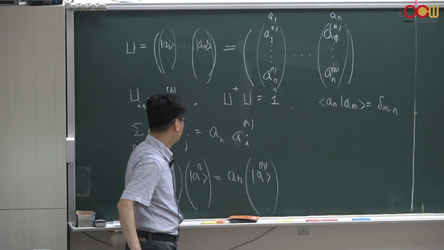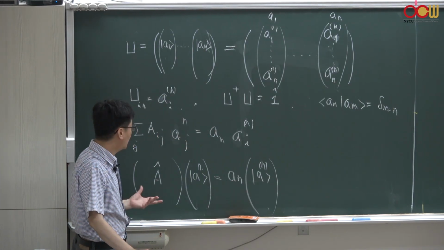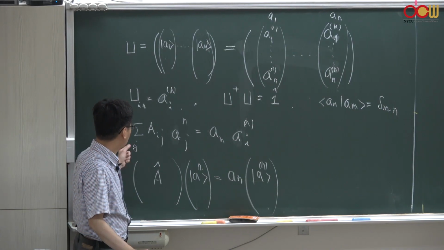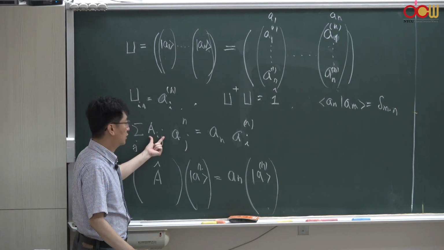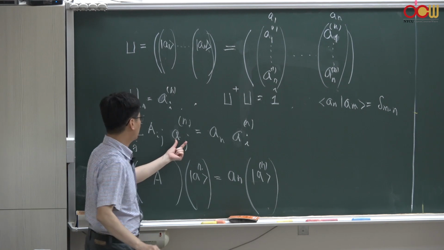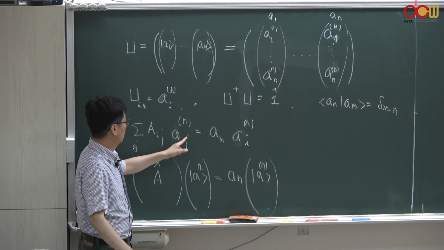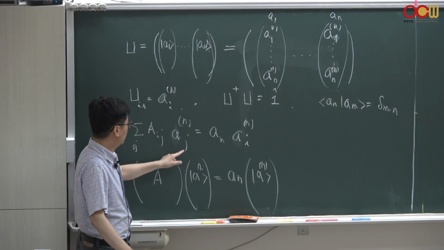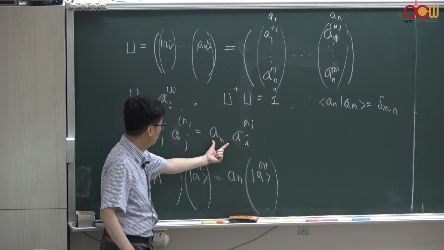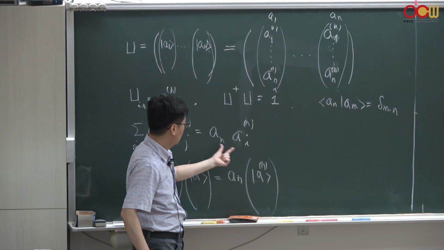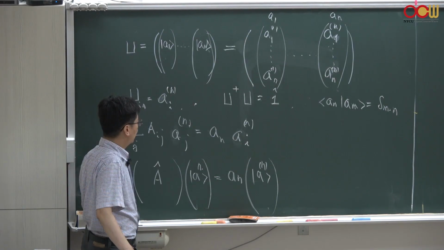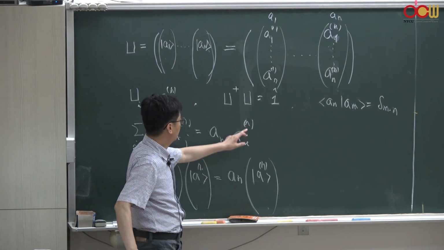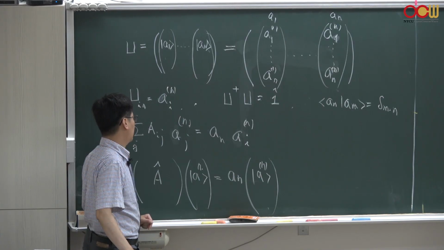In terms of matrix elements, this is nothing but the summation over j. You take the matrix element A_ij times the j-th component of the n-th eigenvector, a_nj, which gives you the eigenvalue times the i-th component of the n-th eigenvector.